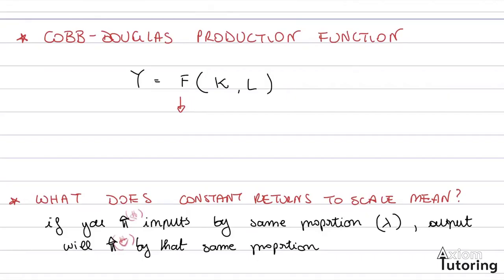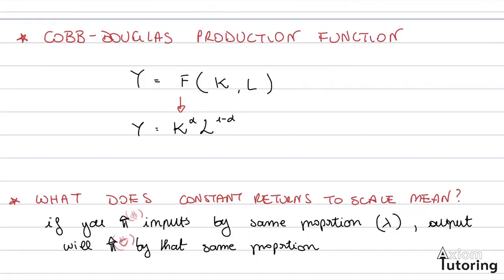Considering our Cobb-Douglas production function, at this point you should be familiar with it, where we multiply capital to the power of alpha times labor to the power of 1 minus alpha, we can do an algebraic derivation of this. Why do we care about this constant returns to scale property? Because think about a bakery, for example.